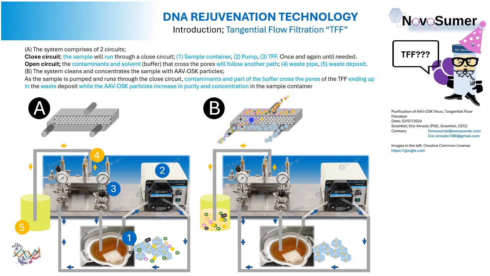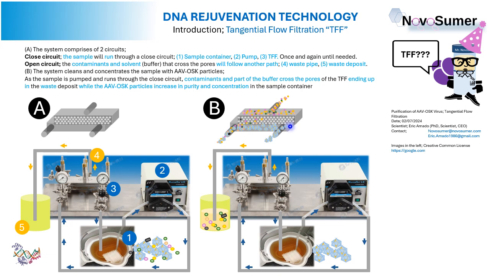So as you can see, we have contaminants and a lot of buffer, and it ends up in the waste deposit, while the EVOs is retained in the system. Why? Because as I told you, EVOs is bigger than the pore, so it cannot cross the pores.